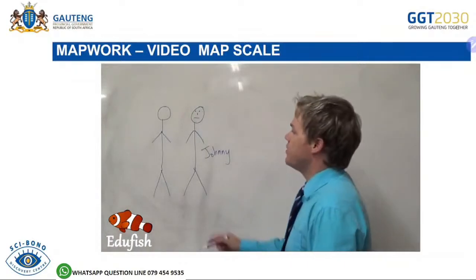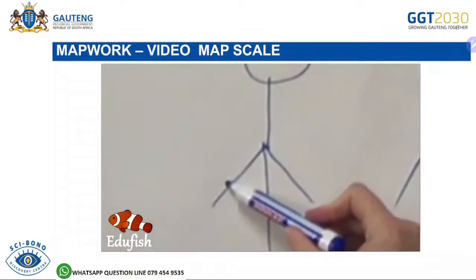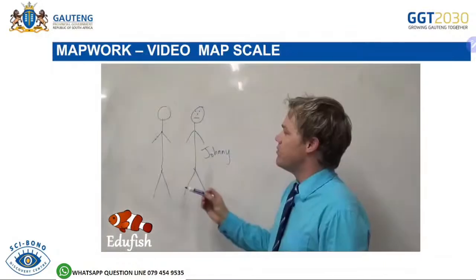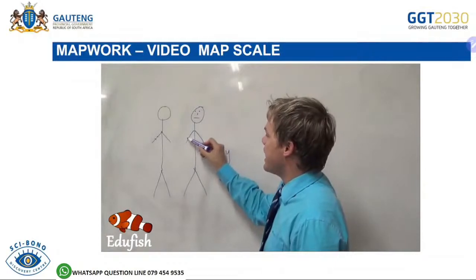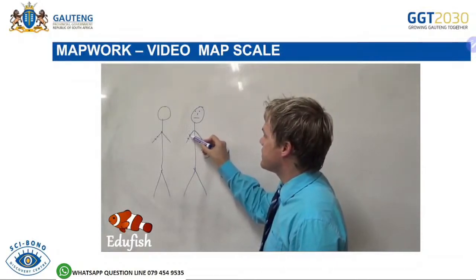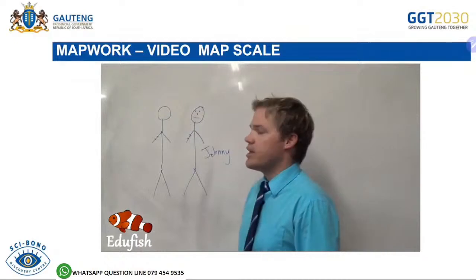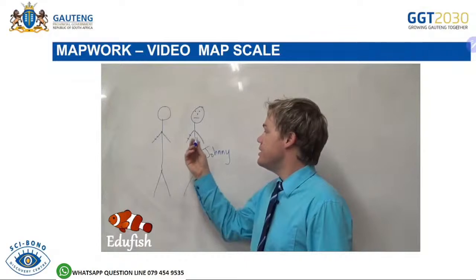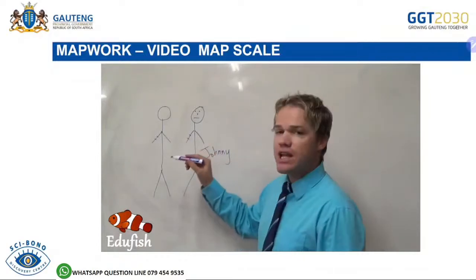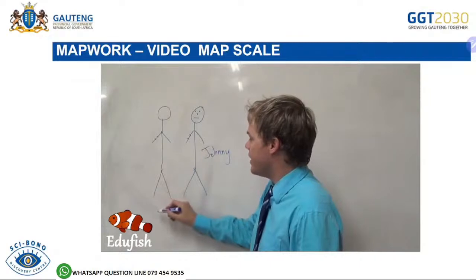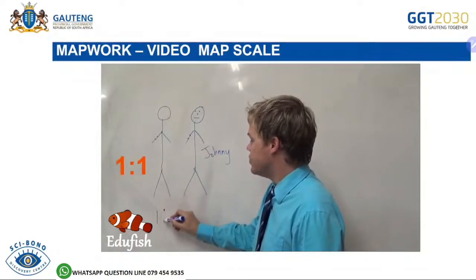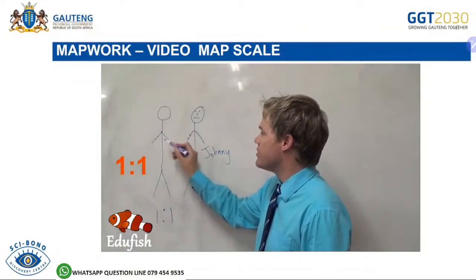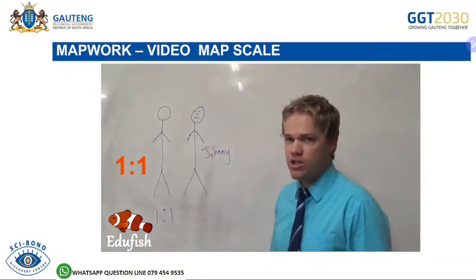Now if we take a ruler and we measure 1 centimeter on the statue's arm, then we will find that it will be exactly the same distance on Johnny's arm. In other words, 1 centimeter on the statue will represent 1 centimeter on Johnny. So the scale for the statue would then be 1 to 1, because 1 centimeter on this arm represents 1 centimeter on Johnny's arm.